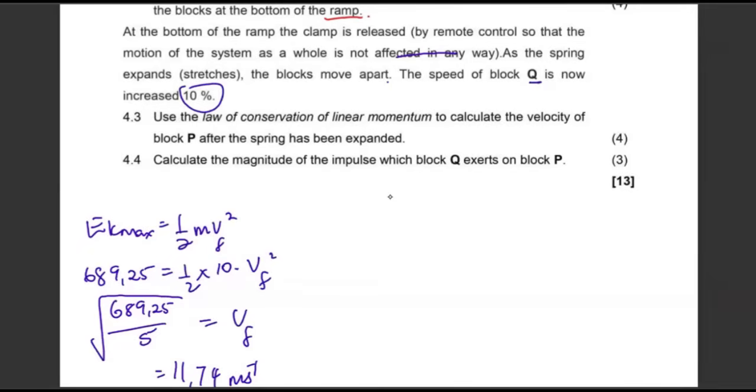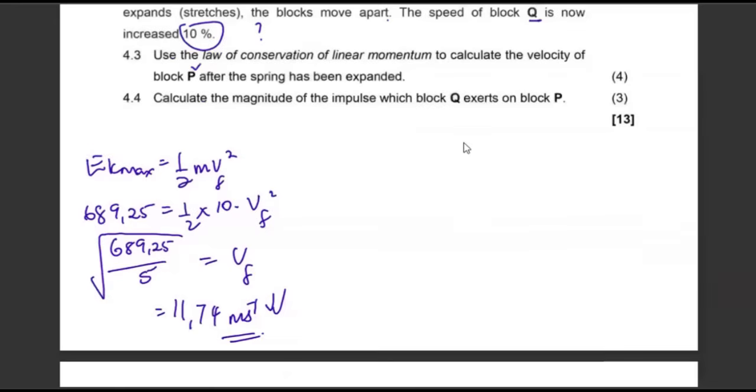Remember, both blocks had 11,74. If it increases by 10%, what is it going to become? Use the law of conservation of linear momentum to calculate the velocity of block P after the spring has expanded.